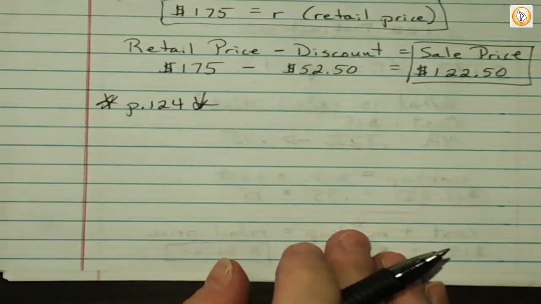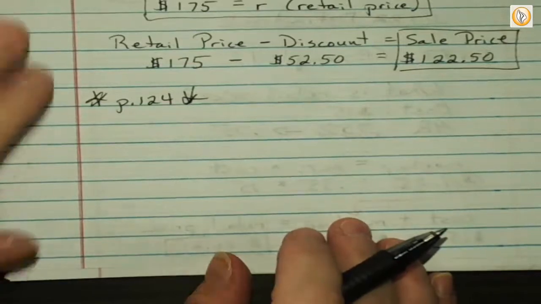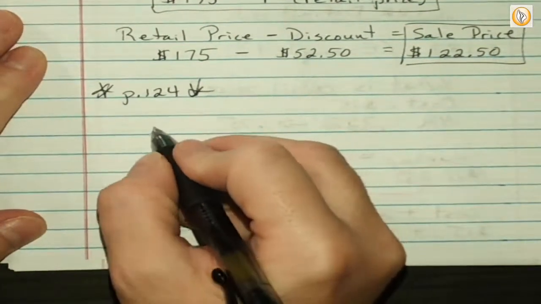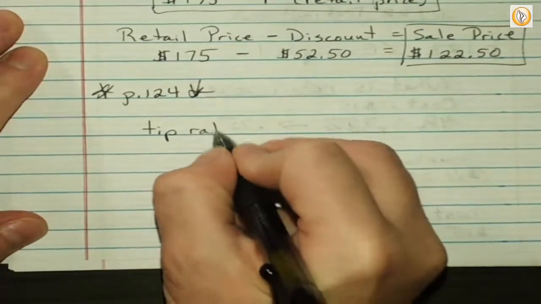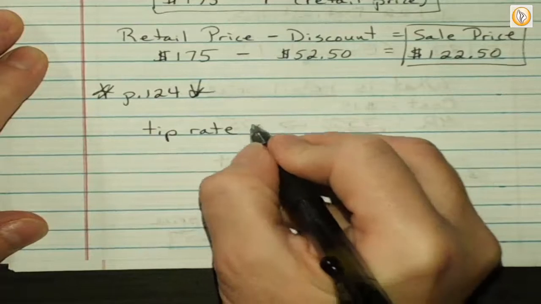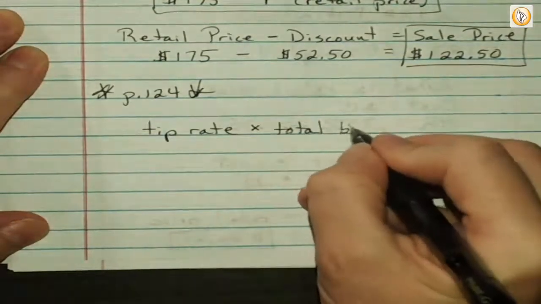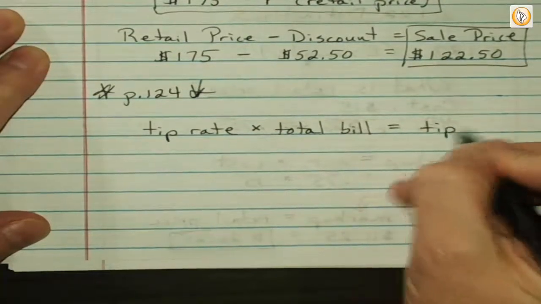Tip commission rate. All right, you need to know this formula. Tip rate times your total bill equals the tip.